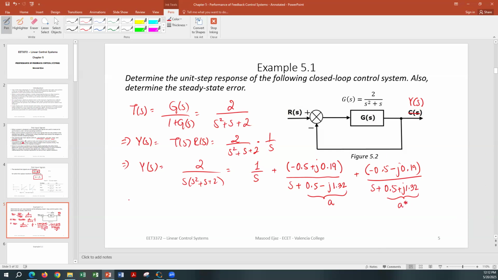See if you're getting the same result first of all before we move on.